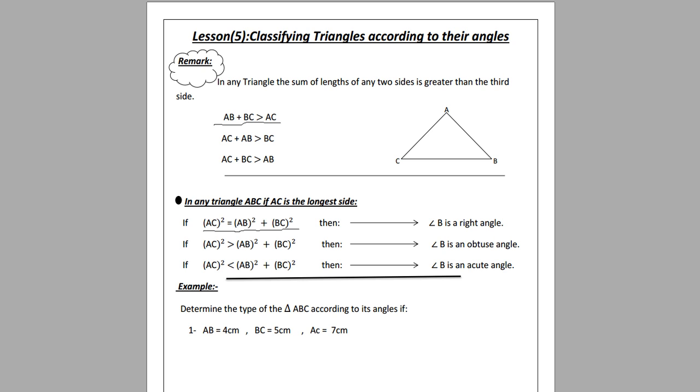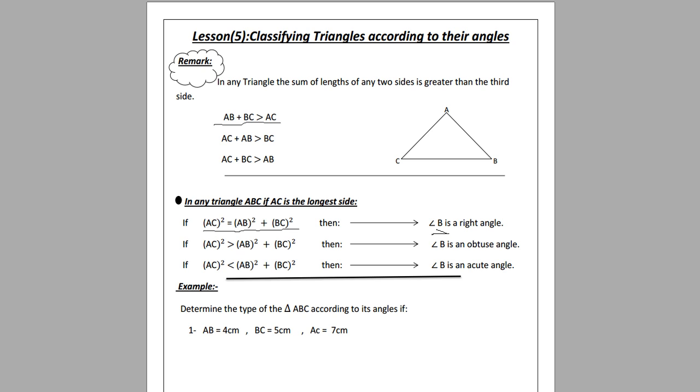Then the other two sides, make power 2 of each one of them. So as you see here, we have AC bar 2. If it equals AB bar 2 plus BC bar 2, then we have a right angle triangle, and B is the right angle. Why B? Because it is the opposite of AC.